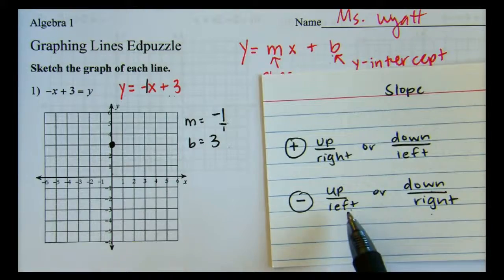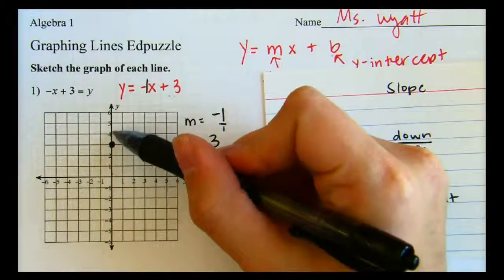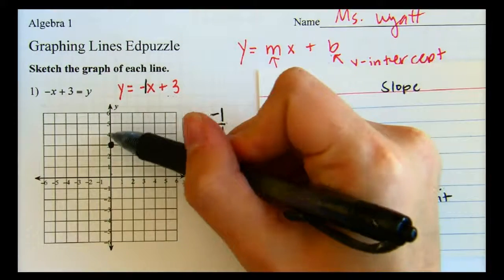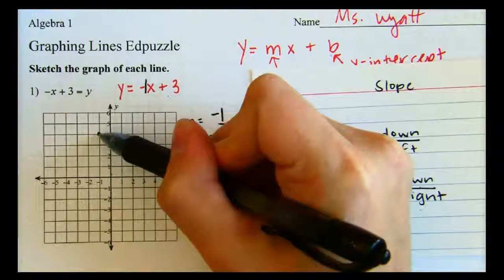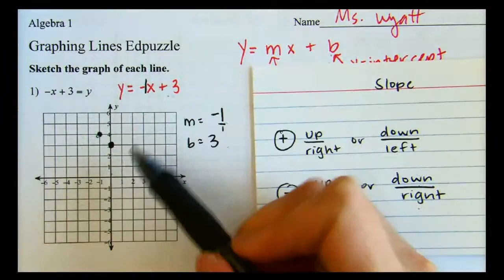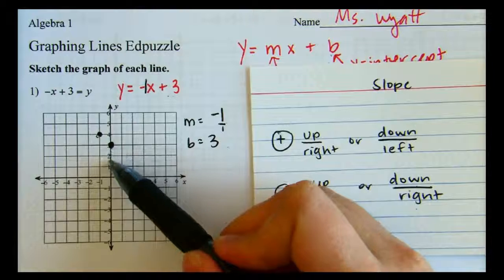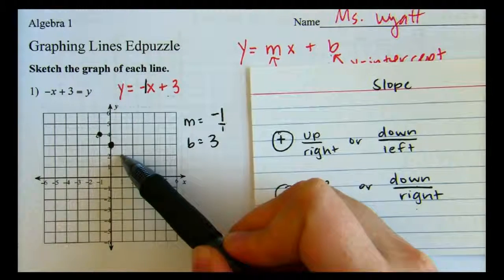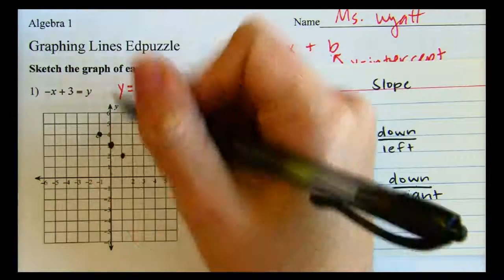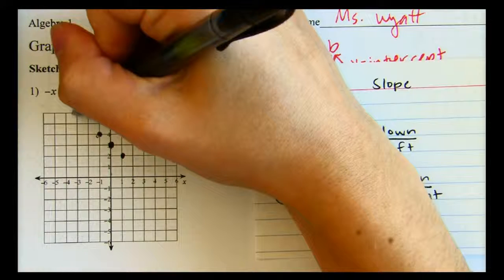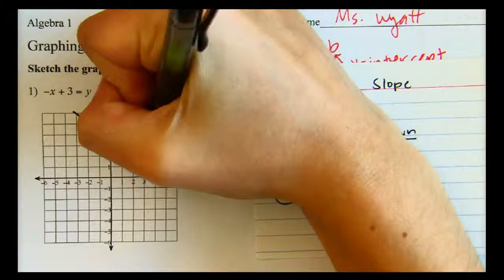So let's go up and left first. I'm going to go up 1 since my rise is 1, and to the left 1. Or from that point I could go down 1 and to the right 1. So that my line looks like this in the end.